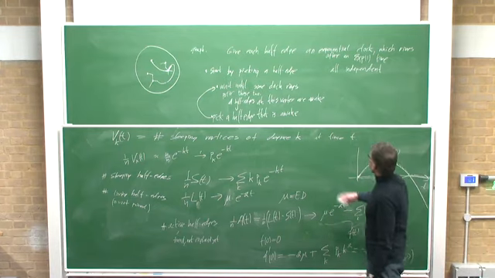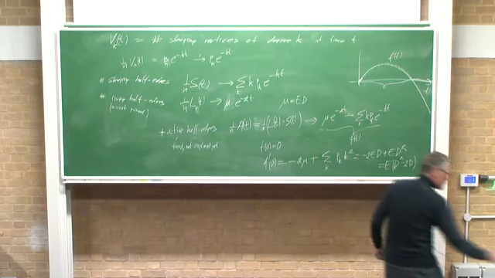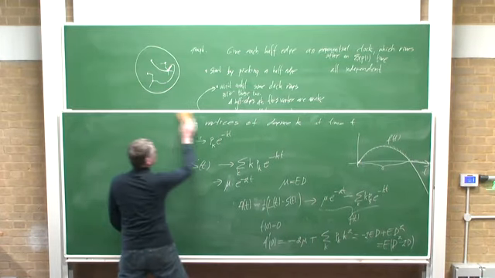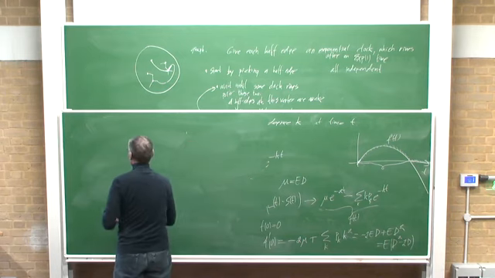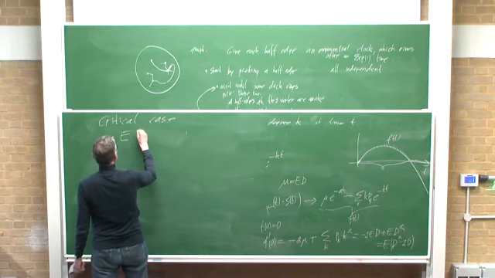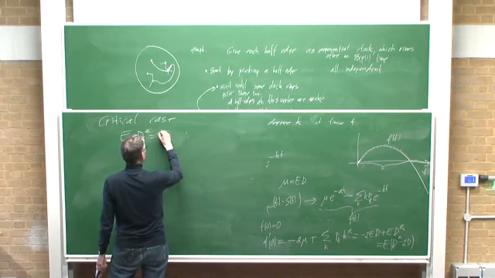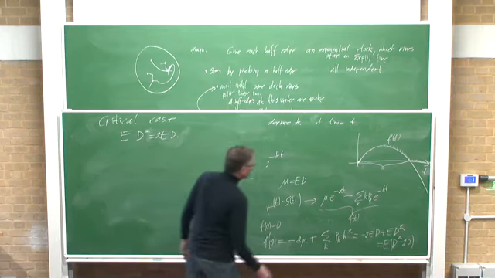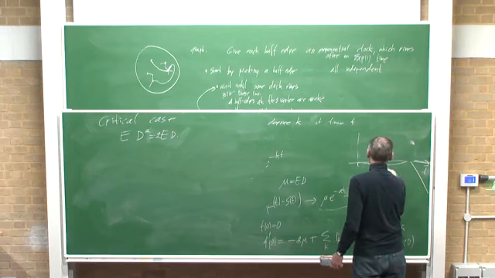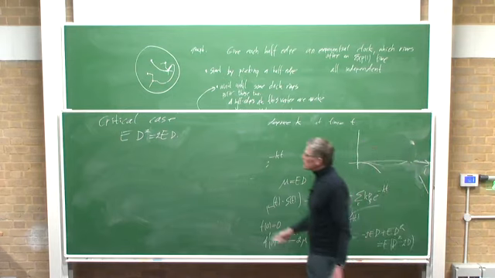What we do now is look at the critical case, which is, of course, when the expectation of d squared is equal to the expectation of d times... In that case, this figure here will look something like this. But this means that we have to be more careful to see what happens with finite n.